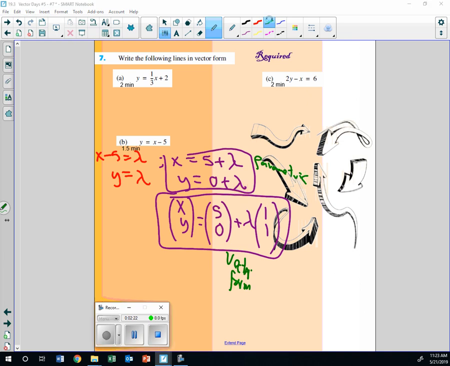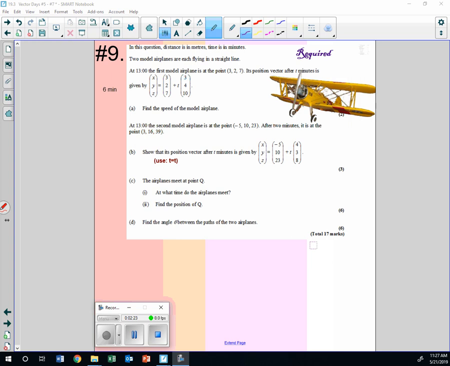All right, so we're going to take a word problem, break it into different components, and see how these skills we've learned about vectors fit. In this question, distance is in meters, time is in seconds or minutes. Two model airplanes are flying. Now these are flying in space, so they can have an XYZ component.